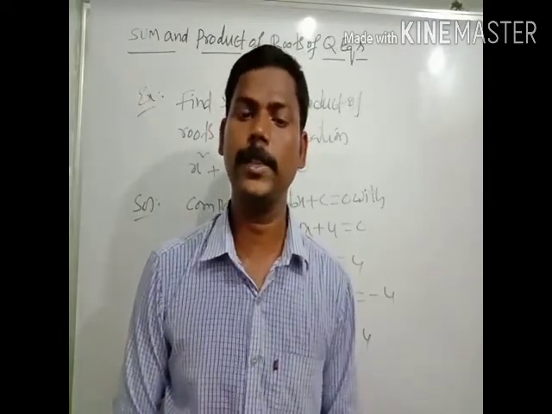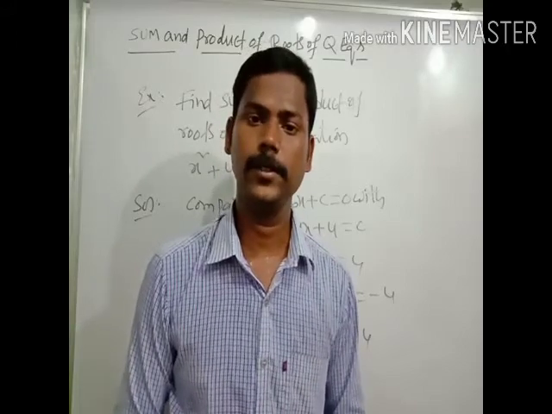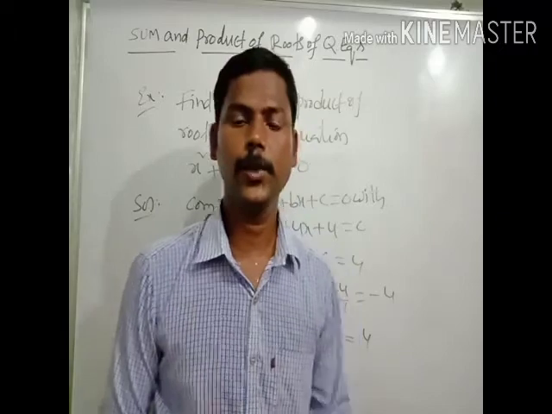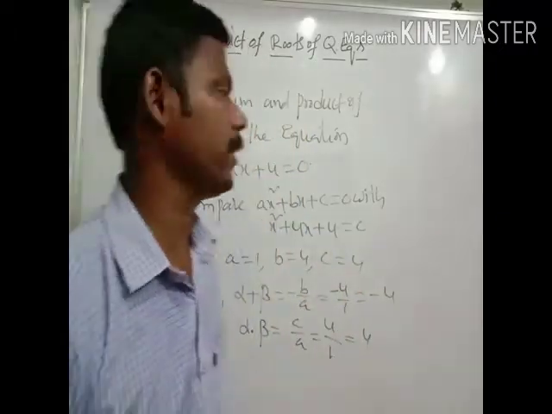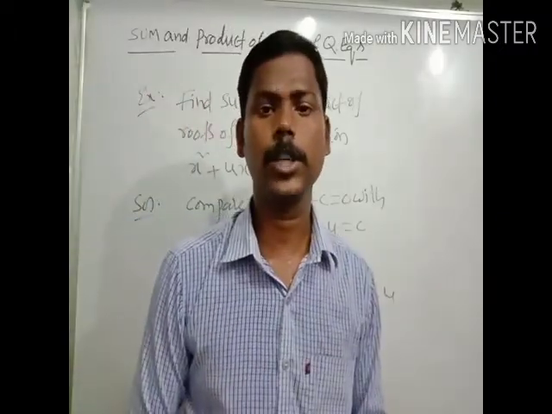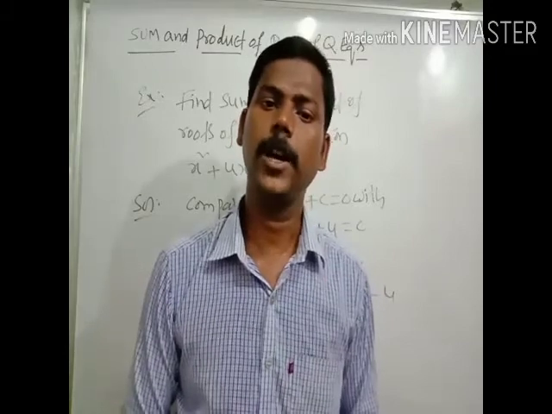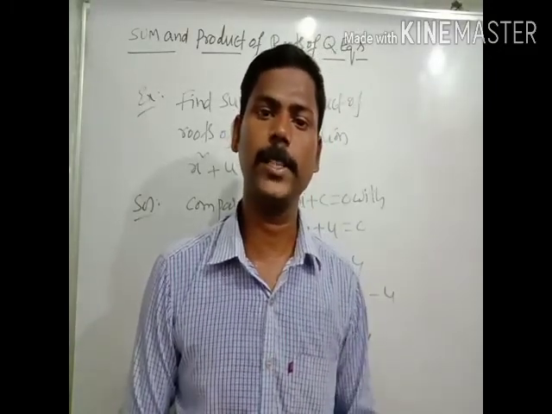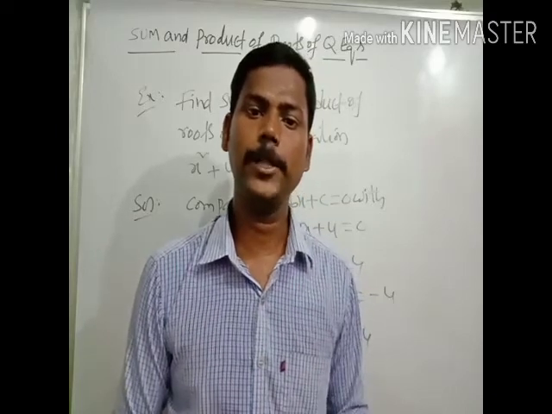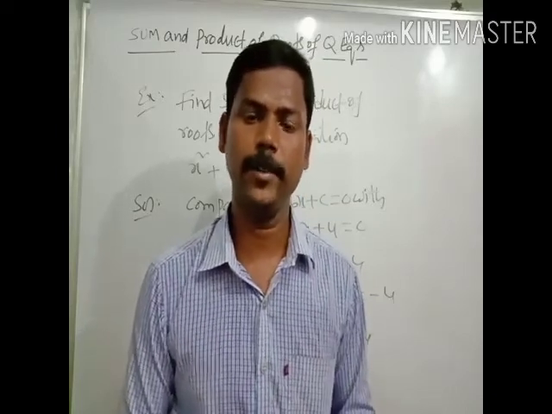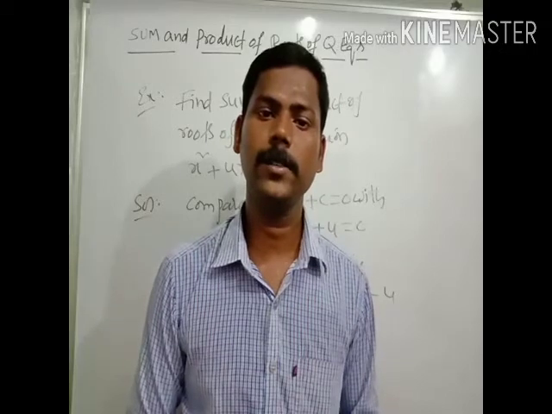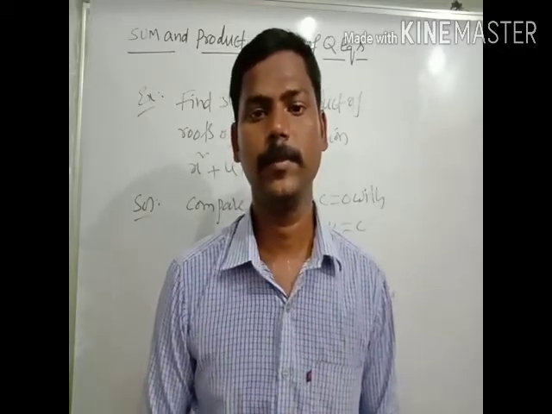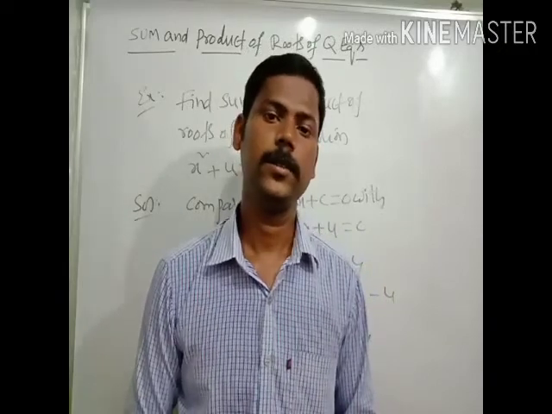Like that you can solve the given problems. Okay children. So today we learned how to find the sum of the roots and the product of the roots of a quadratic equation. Sum of the roots formula, what children? Alpha plus beta equal to minus b by a. Product of the roots formula, what? C by a. Understand children? Okay. Thank you.